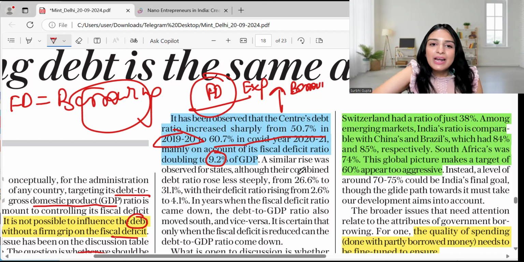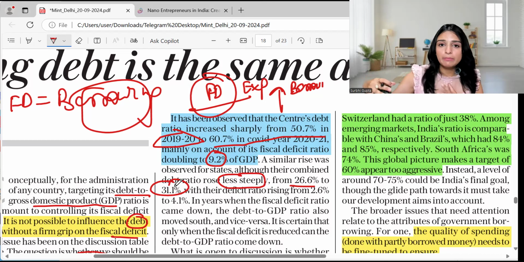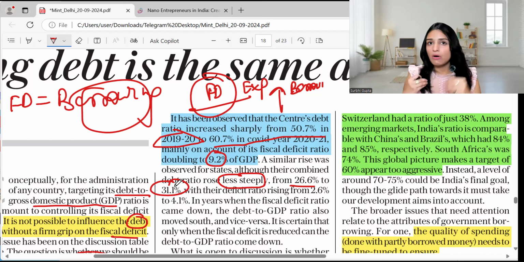A similar rise was observed for states, although their combined debt ratio rose less steeply, from 26.6% to 31.1%. The increase was not as steep. It was a little flatter compared to the increase in expenditure of the center, and you can understand very well why.